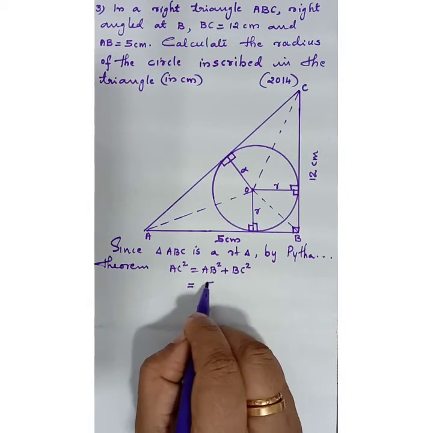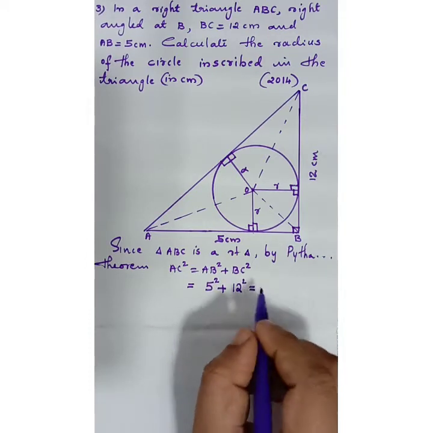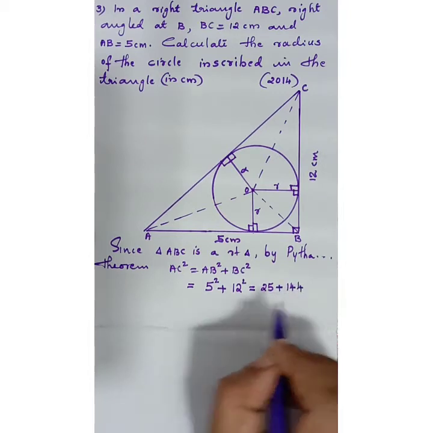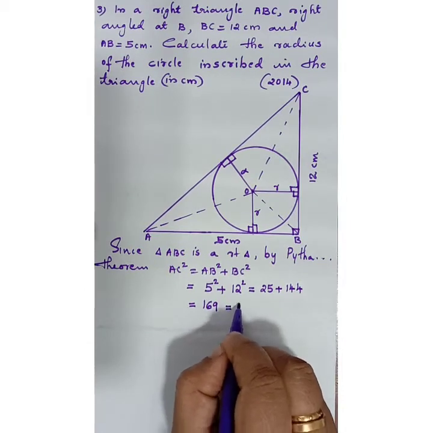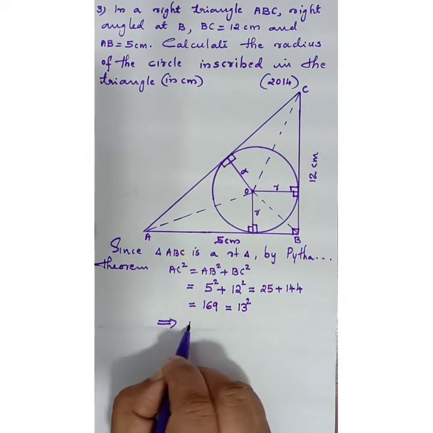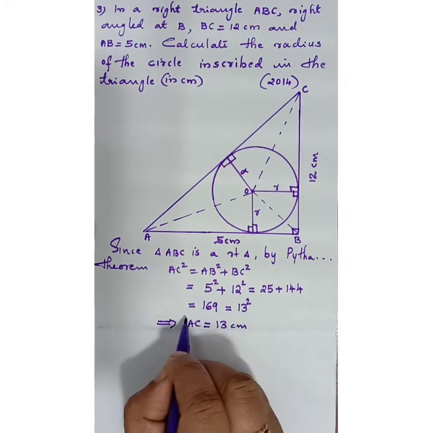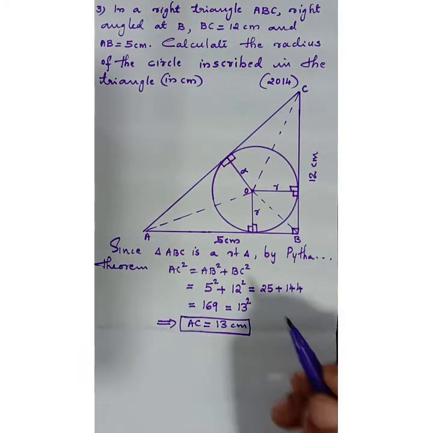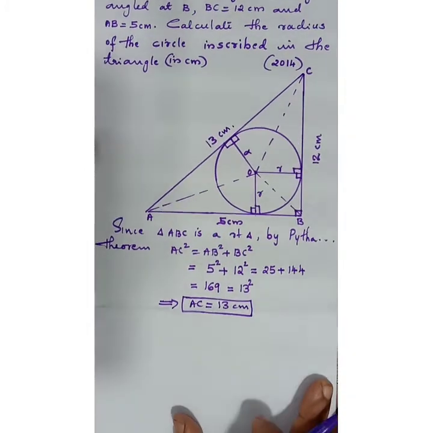Substituting 5 square, 25, plus 144, that is equal to 169, which is 13 square. Therefore AC is equal to 13 centimeter. One main point we got now. Let us mark it in the figure also.